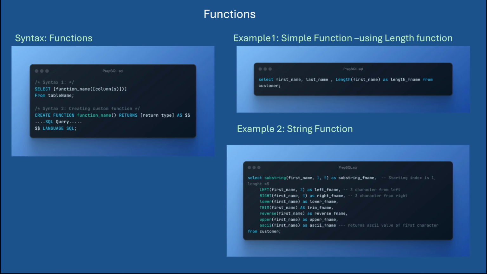We can do select substring of first name, and substring will take the start position and the length, so 1 comma 5 as substring_first_name, left first name comma 3 as left_first_name, and right first name comma 3 as right_first_name, lower, trim, reverse, upper, ASCII, from customers. These are the string functions that we are using, and we'll see them in our demo as well.